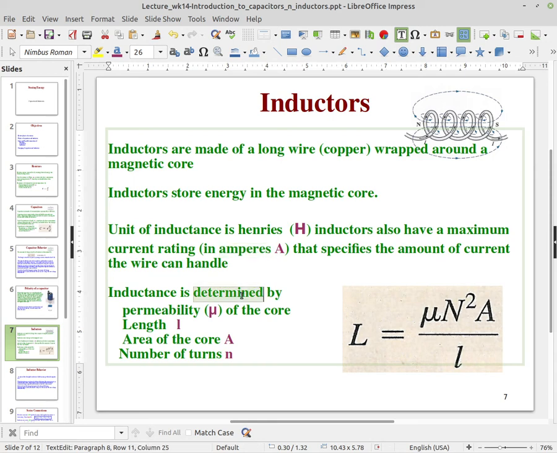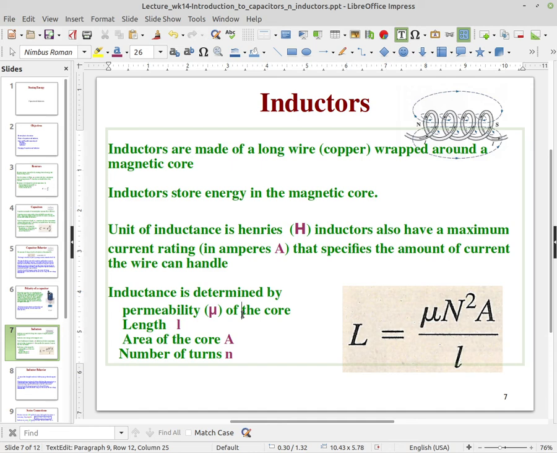All right, now the actual inductance is determined by the permeability of the core. This permeability, they're talking about how easy or how much magnetic energy we can store in the core. And the mu symbol that we also use for micro is used in this instance for the permeability of the core, which is the physical type.